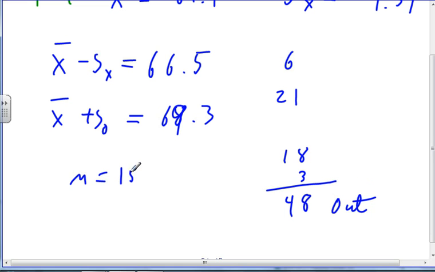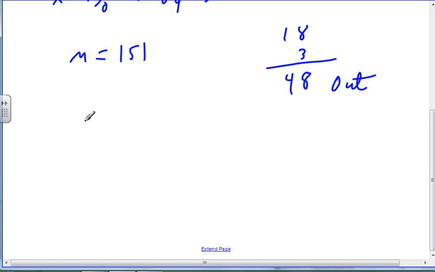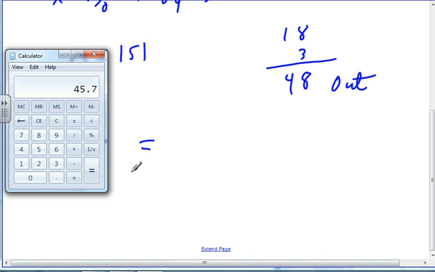N is equal to 151. So I'm going to go 151 minus 48 divided by 151 and see what percentage I have.